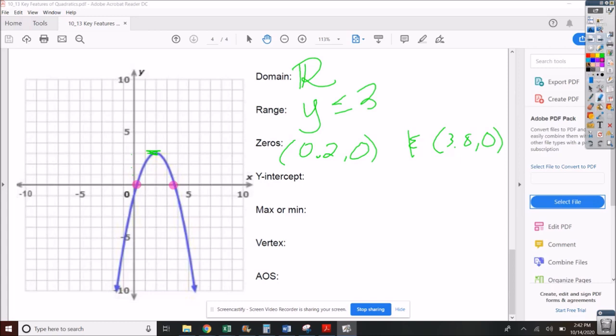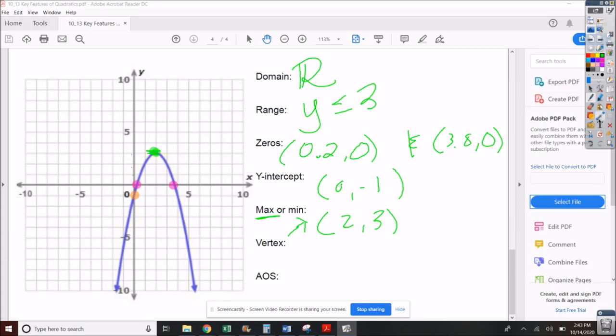Okay, my y-intercept is right there where I cross my y-axis in orange. So that's (0, -1). That green mark that I made on the graph is my maximum. It's the highest point on the graph. That's at (2, 3). So that's a maximum, sorry, that's the vertex.